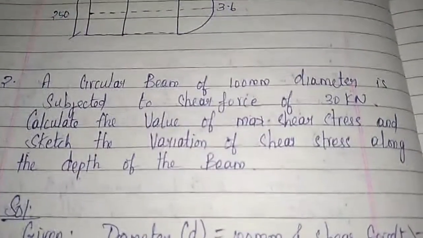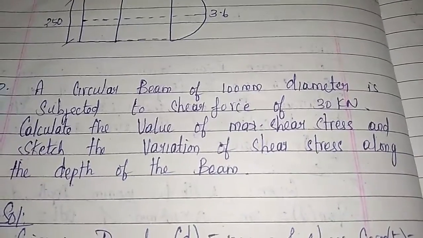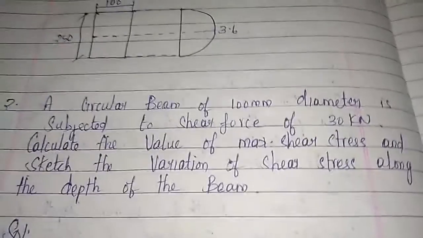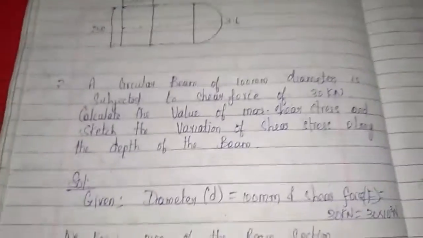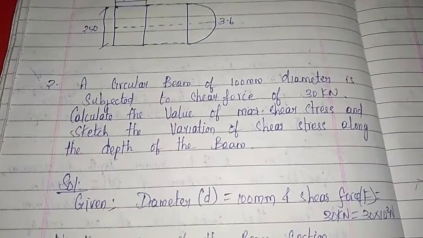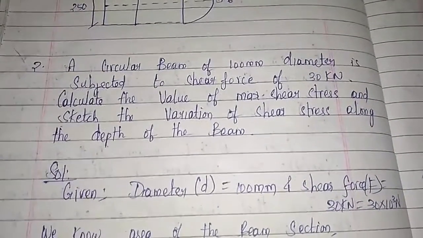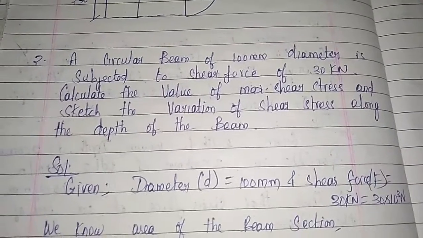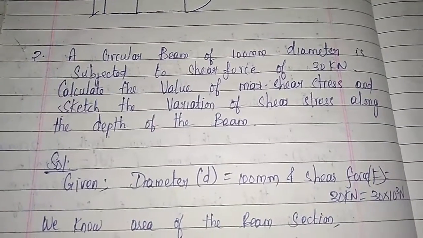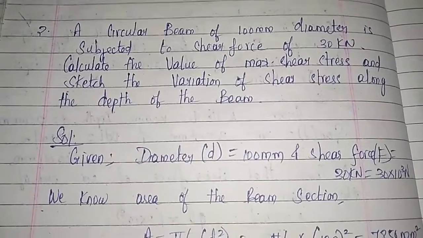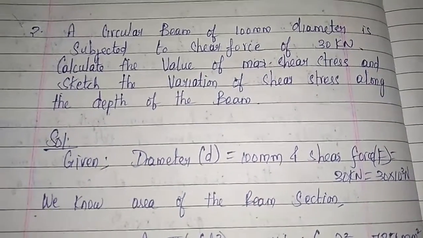Now we have studied the rectangular section. So now we are going to study a circular section. See, I will show you the question. This is the question, and please pause the video and write the question. I hope you are all writing all the derivations and problems in your notes. I am repeating, this only will help you in the examination.